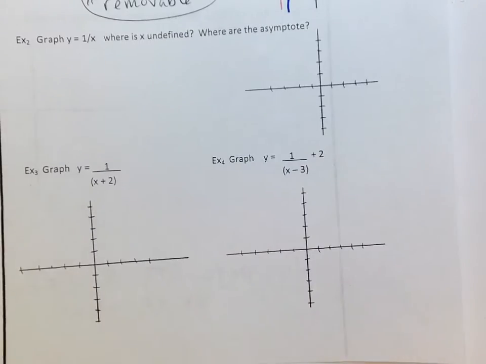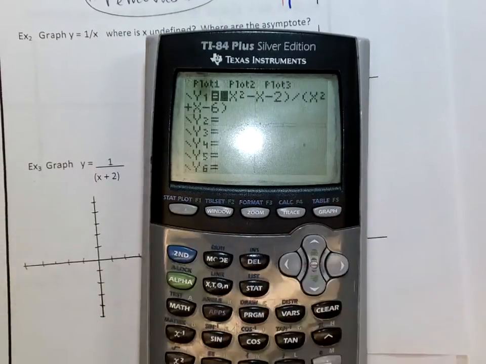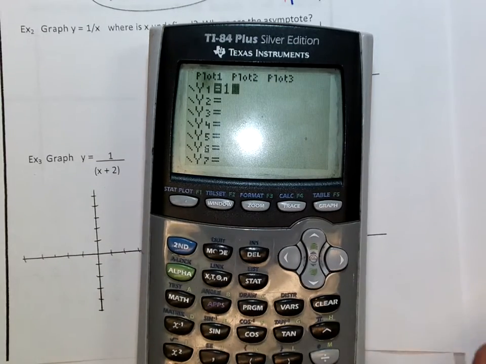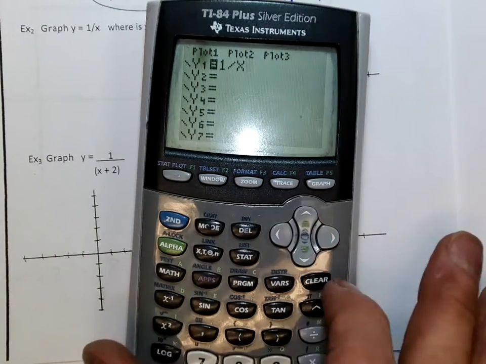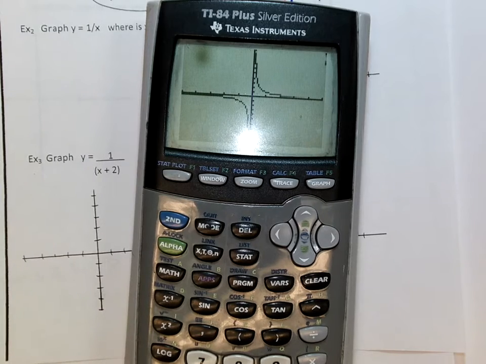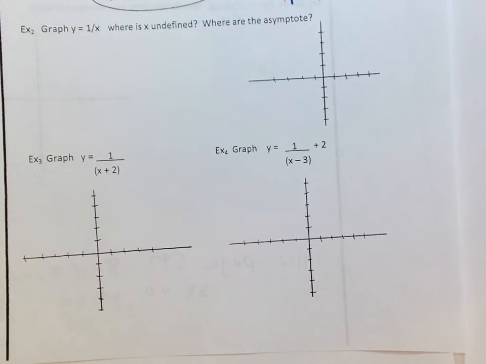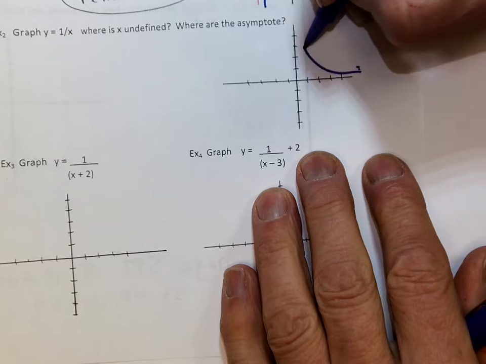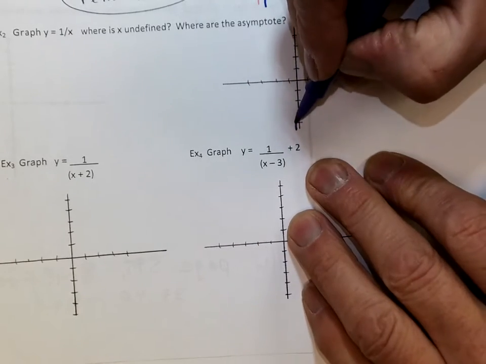So now, next one, graph y equals 1 over x. Let's check that out, okay? Enter, clear. 1 divided by x. Let's see what that looks like. Looks like that, okay? So it looks something like this. We're going to have here and here, okay?